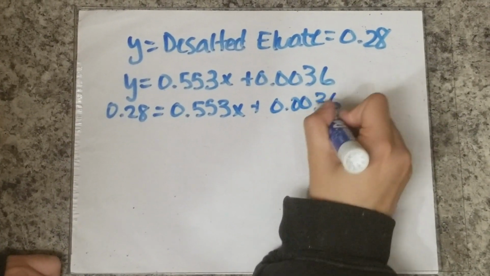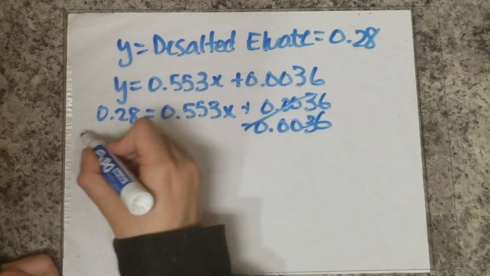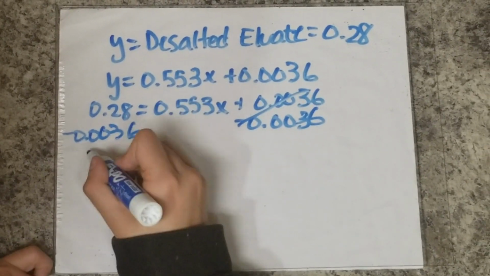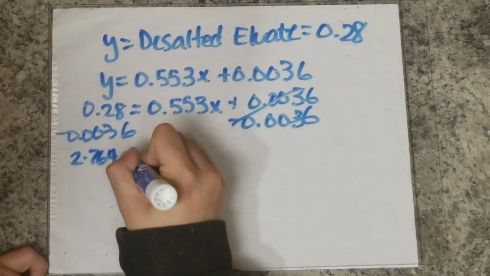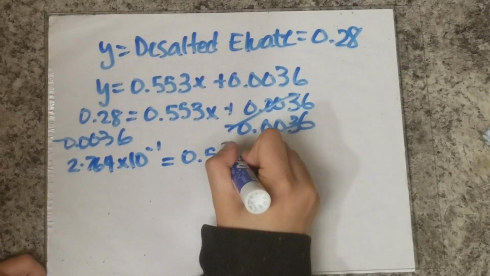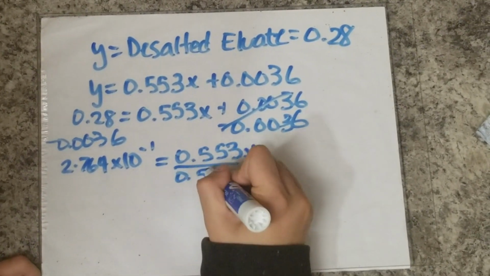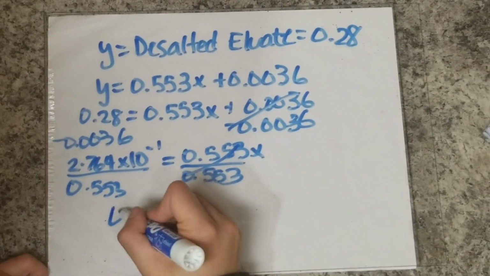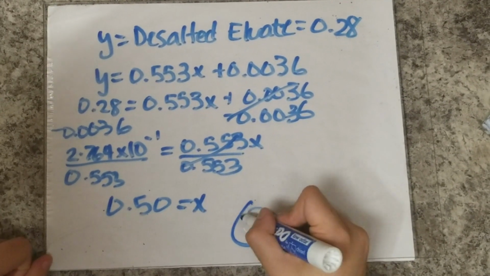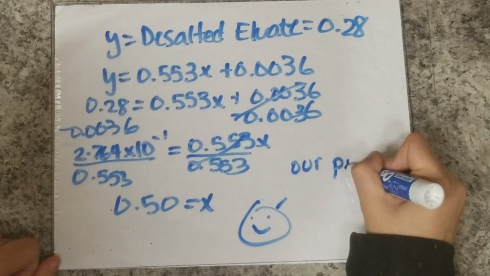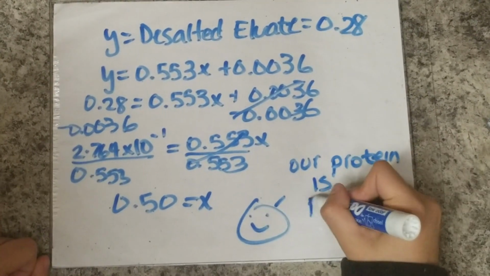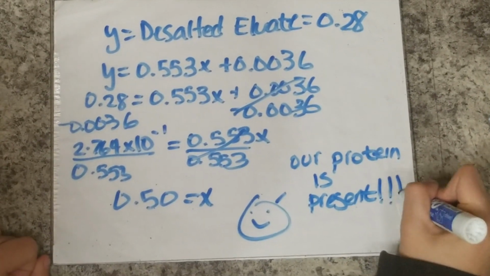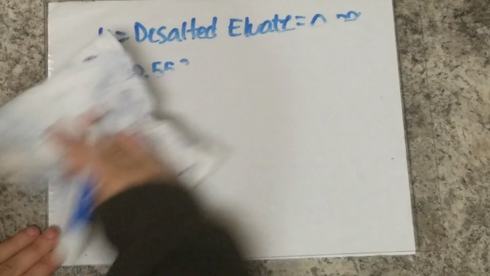In our case, desalted eluate, which was 0.28. After that, substitute that value into your absorbance value y and solve for x, your concentration. X, or our protein of interest concentration, is equal to 0.28. That means that our protein of interest is present.